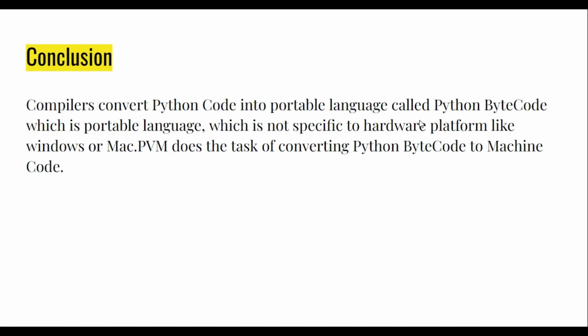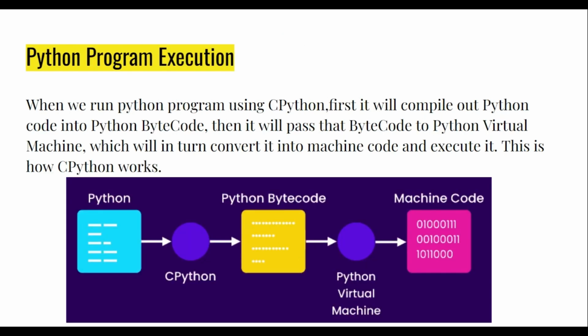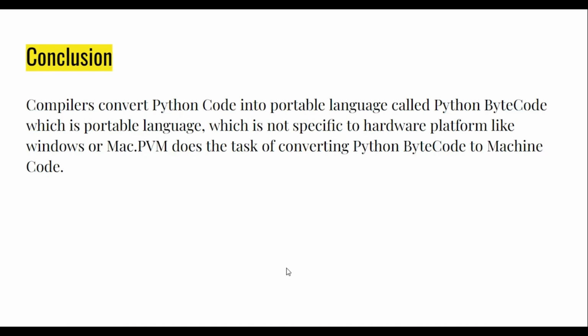Here I have given the conclusion. Compilers convert Python code into a portable language called Python bytecode, which is not specific to a hardware platform like Windows or Mac. Means whatever intermediate code it has generated, Python bytecode, it is platform independent. Means it is the same for all platforms like Mac, Windows.